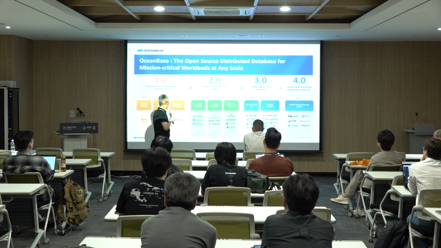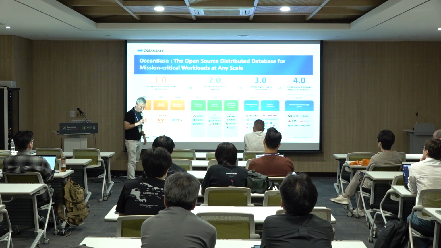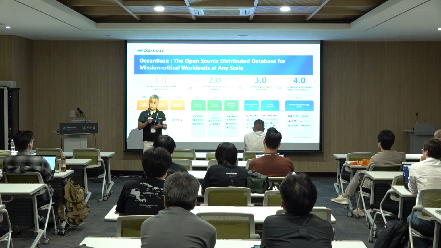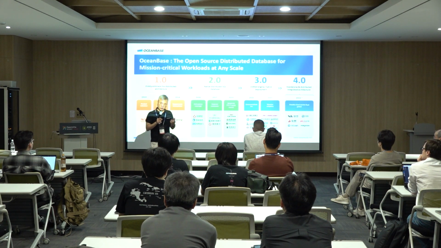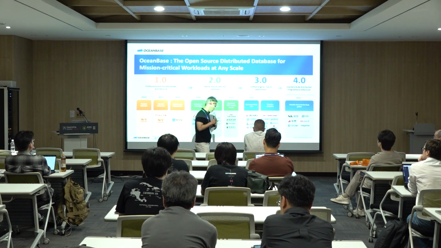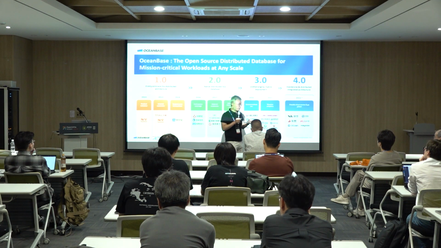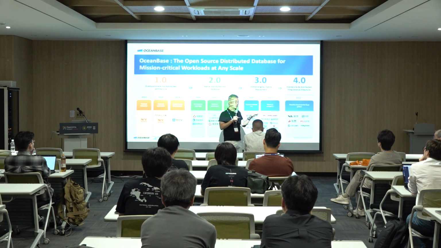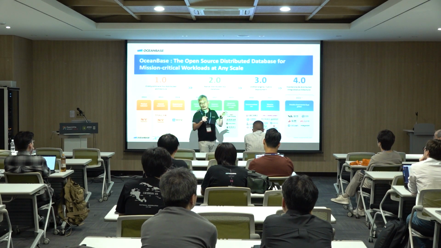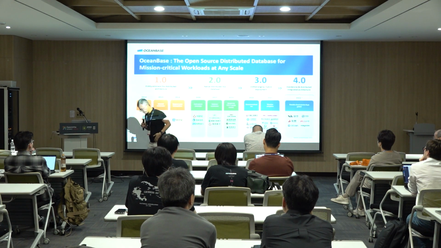You know, in the beginning, OceanBase was created from scratch. In the beginning, OceanBase was a very simple distributed key value system. It was just a key value system, not like today's SQL functionality system.